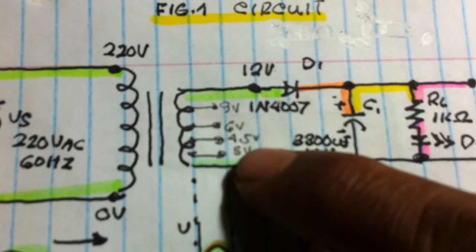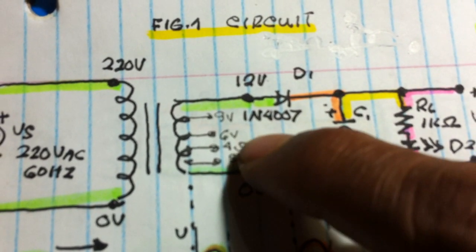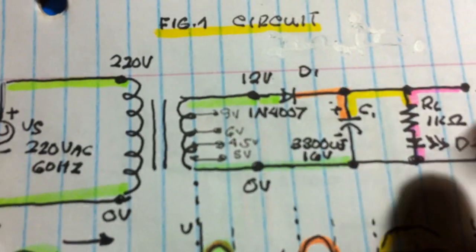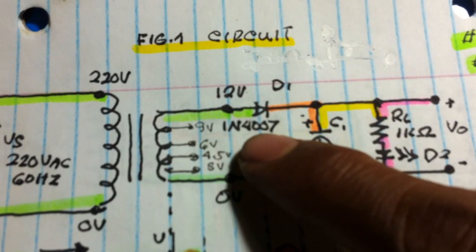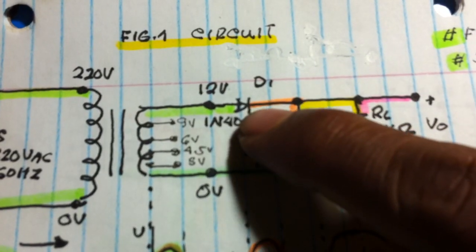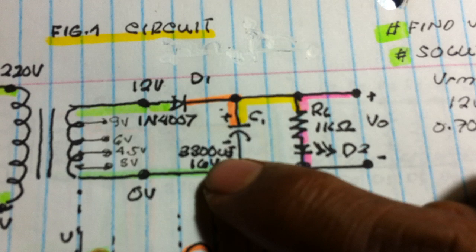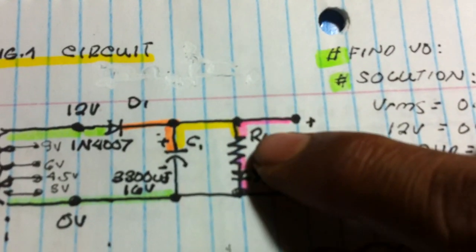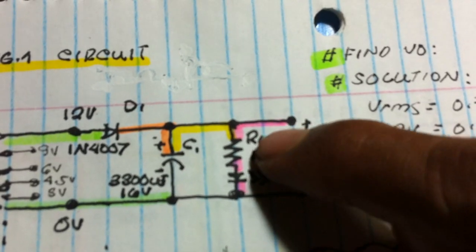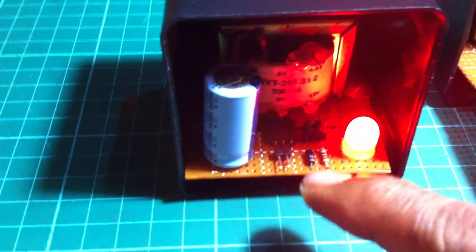We have different voltage values here, but I'm using 12 volts output. We have this diode 1N4007, our rectifier, filter capacitor, 3300 microfarad, 25 volts. And we have the load resistor and the LED.